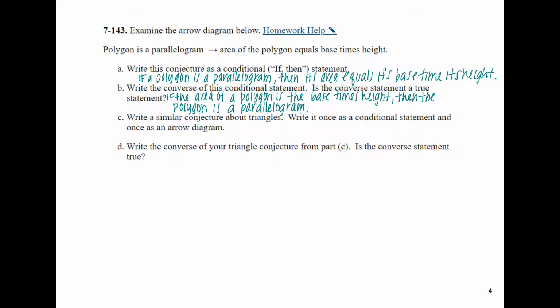Looking at this converse statement, we can absolutely say that yes, this is always true.